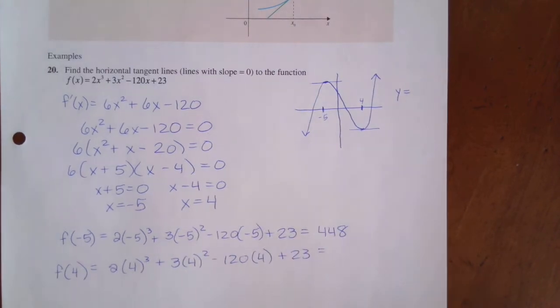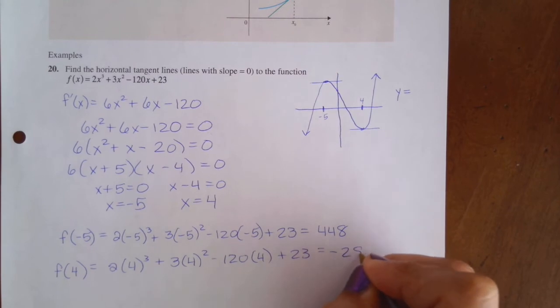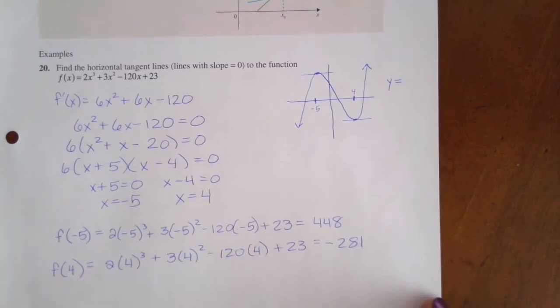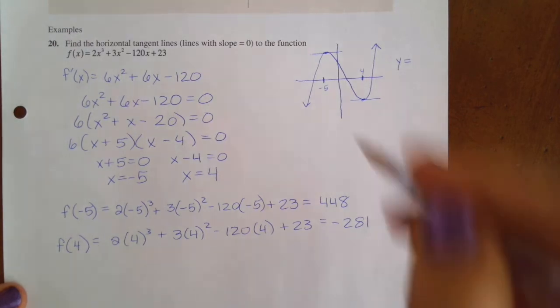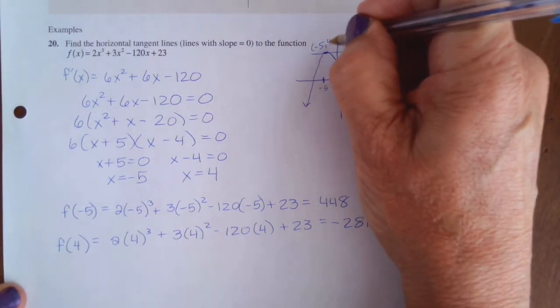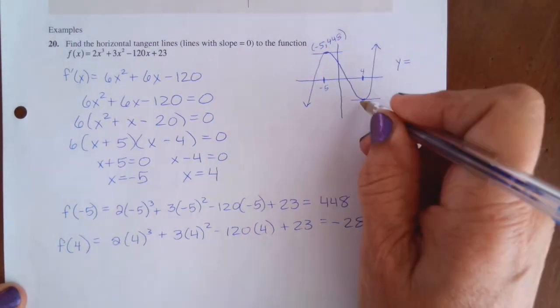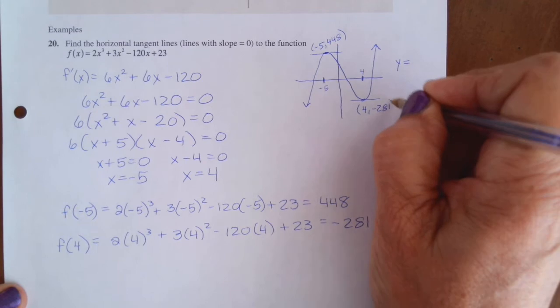Get that y value off of your calculator. That would give you negative 281. You can pause and work that, make sure. So now I know this ordered pair is negative 5, 448. And this ordered pair is 4, negative 281.